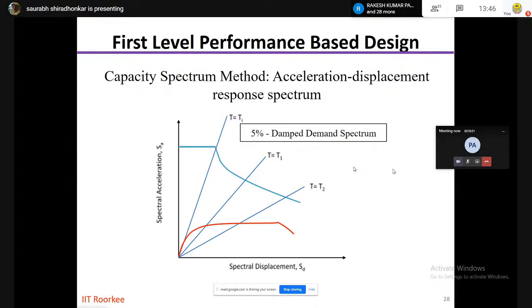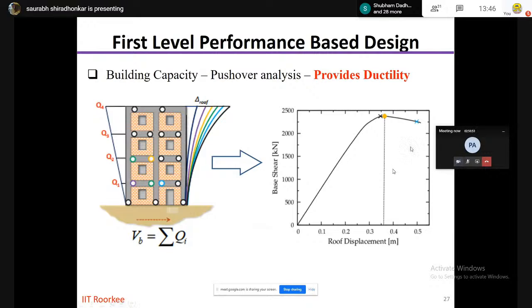The other way is the capacity spectrum method. What it does is, now knowing the capacity of the building, which is shown in the red color, and knowing the demand, which, as we have seen, is estimated from the linear analysis, so it doesn't account for the inelastic characteristic of the building response.